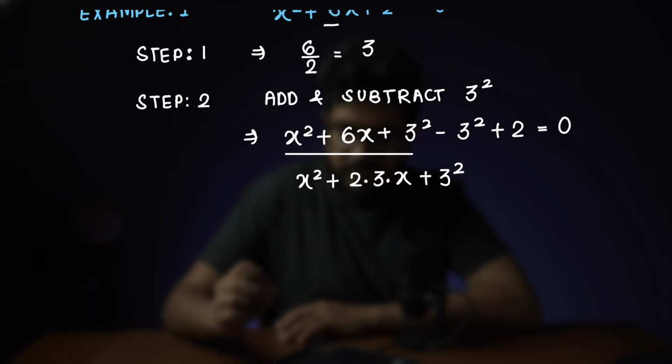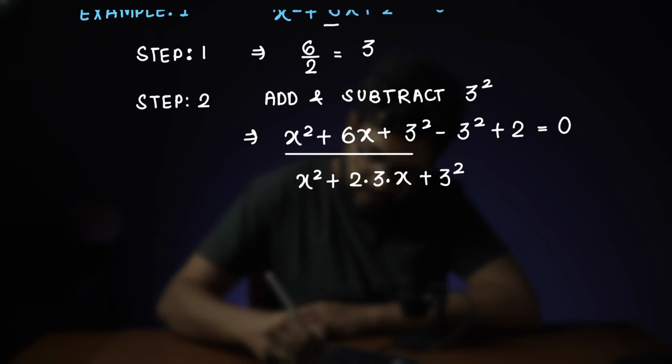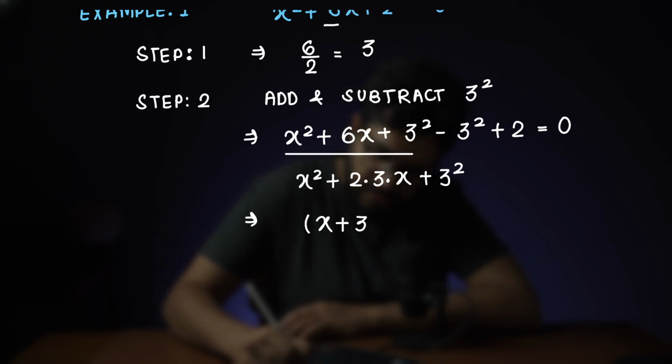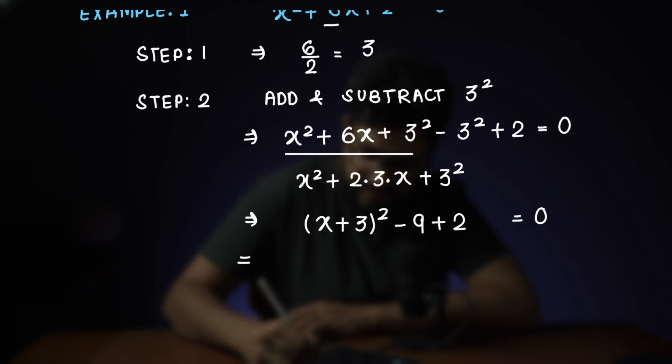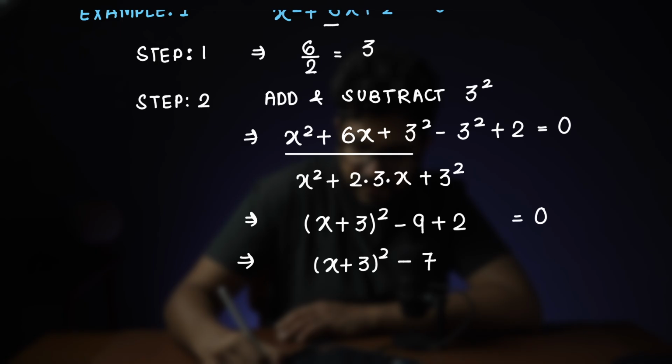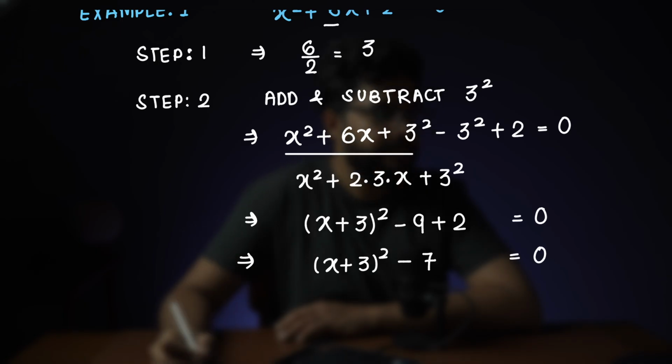So now we have the first three terms in the form a² + 2ab + b². So this means the first three terms can be written as (x + 3)² - 9 + 2 = 0. This gives us (x + 3)² - 7 = 0.